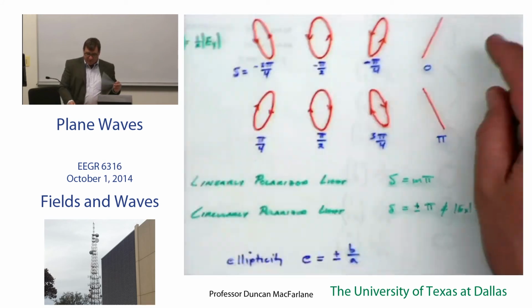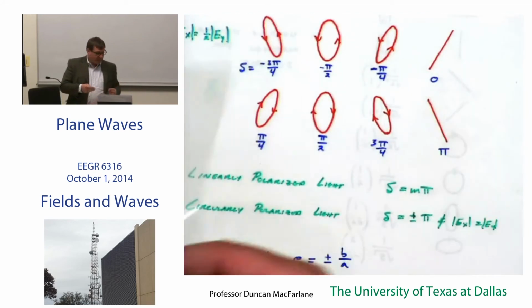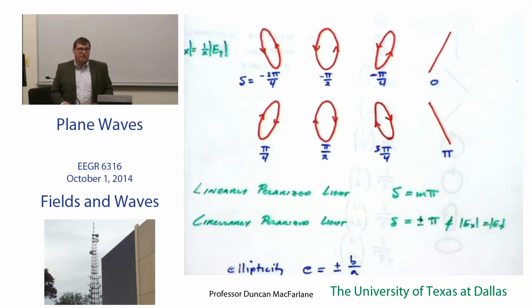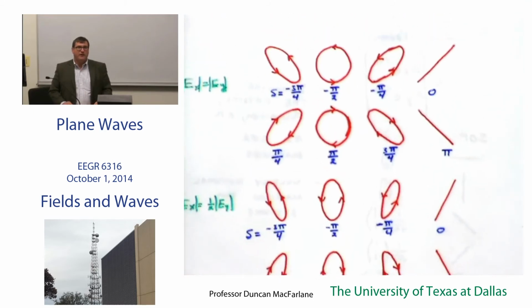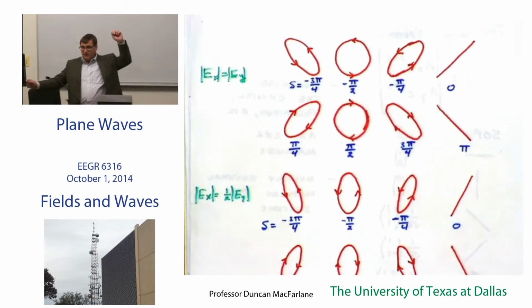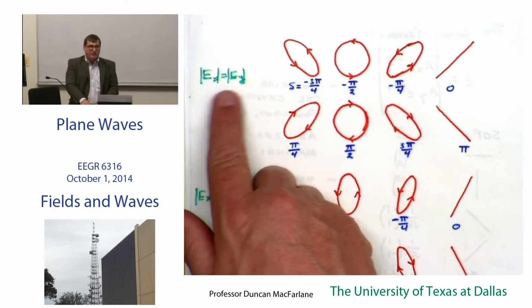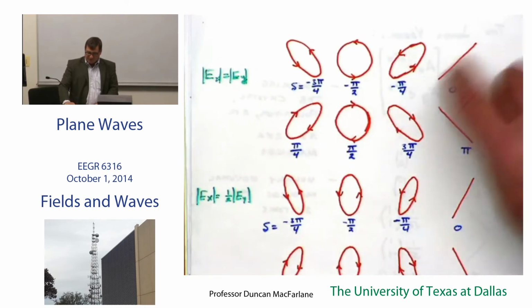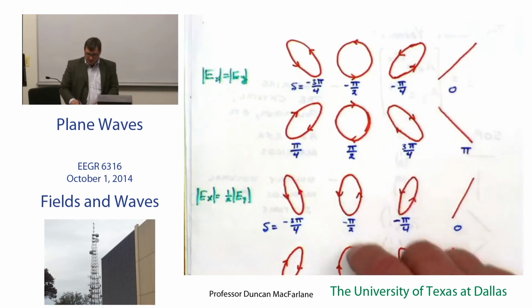So here's some examples, and again, these were developed just in the painstaking way that I did it to start with. An Ex and an Ey. You assume something about the amplitudes, and you look at the different phases. We worked out this guy here and this guy here.